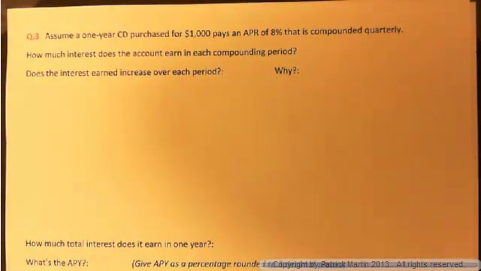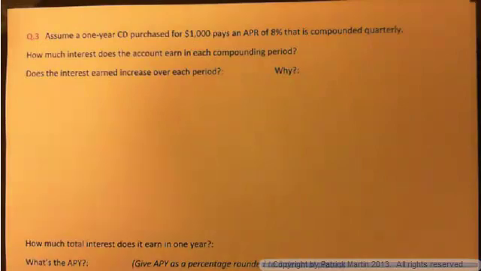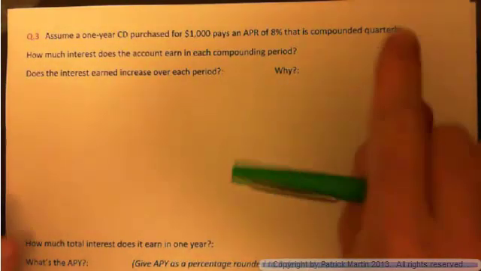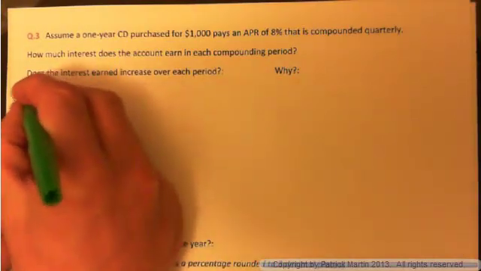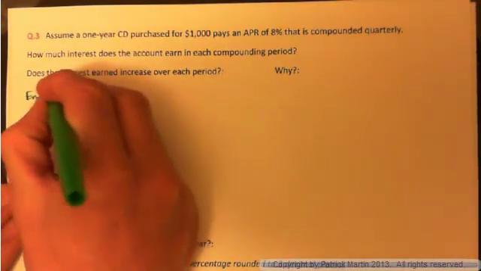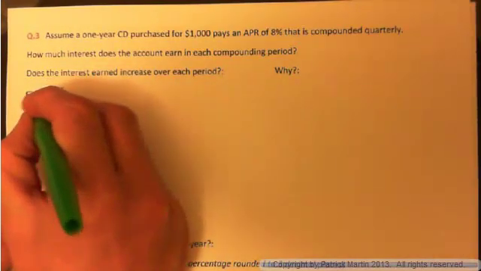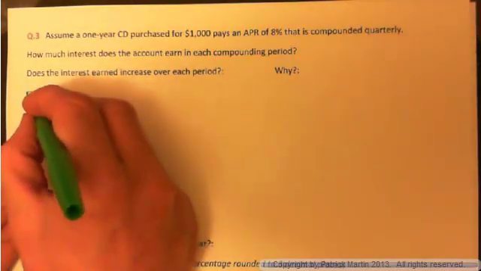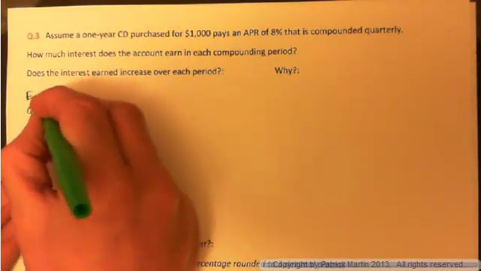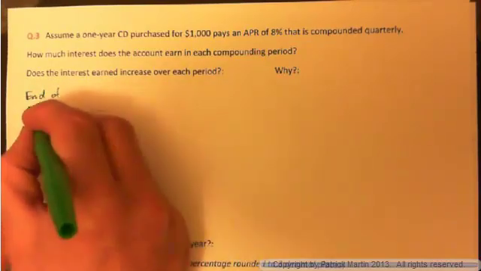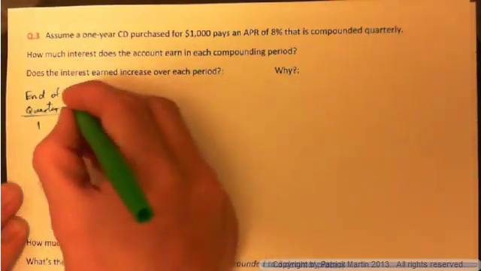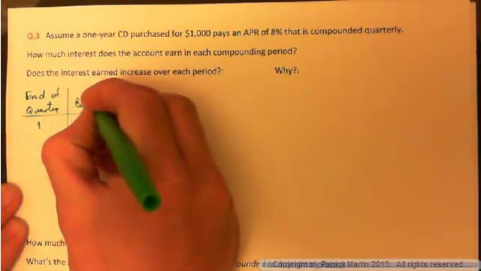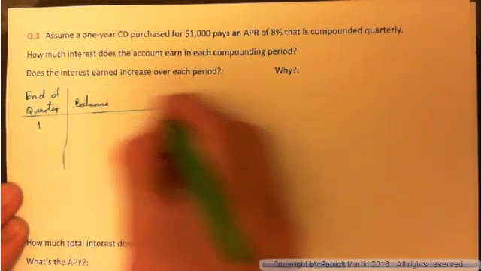So what we're going to do is realize that this is compounding quarterly, so we're going to look at the end of each quarter. So we'll start with quarter 1, or 3 months, and we'll calculate the balance in the account and then look at the interest gained.